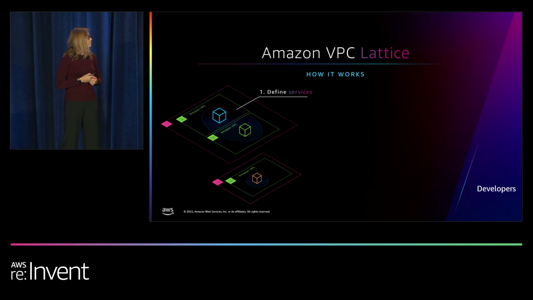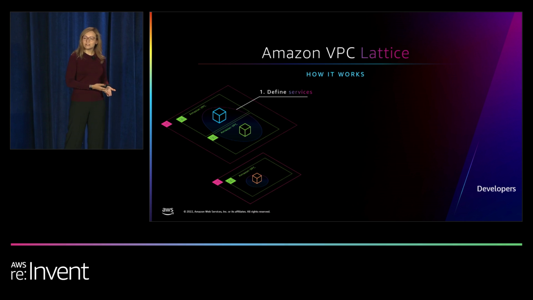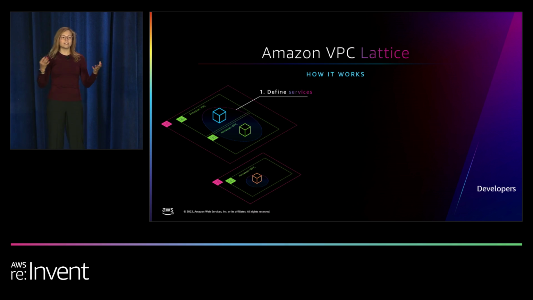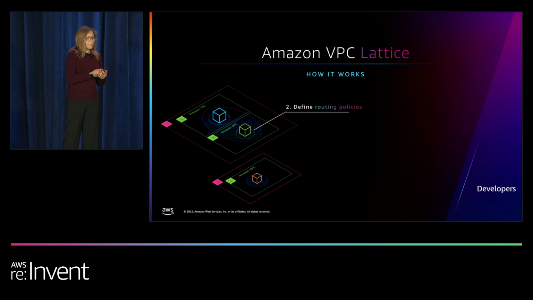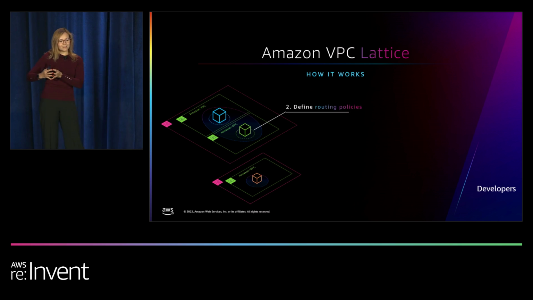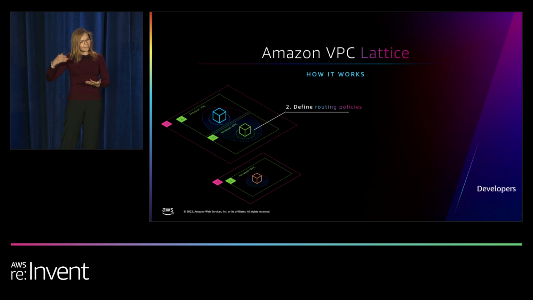But from the developer perspective, what they need to do is define services in Lattice. Those services are very similar to listeners on application load balancer that you're already accustomed to. Once you've defined the services, these services get created in Amazon VPC Lattice, so Lattice knows about them. That service directory gets populated, right?